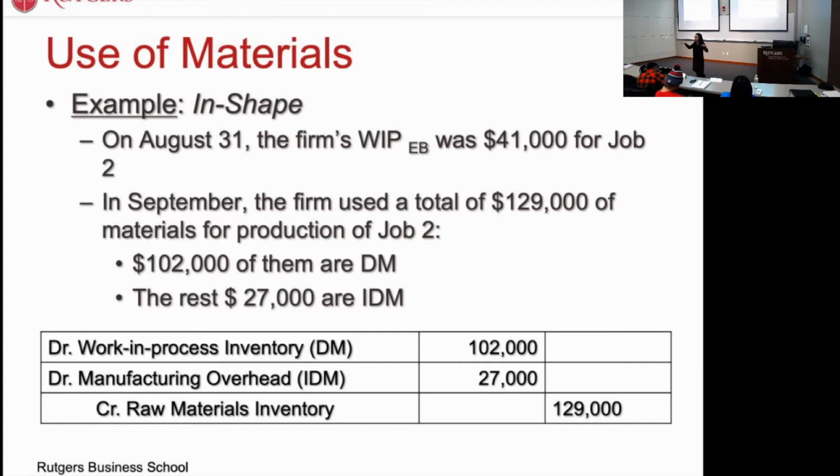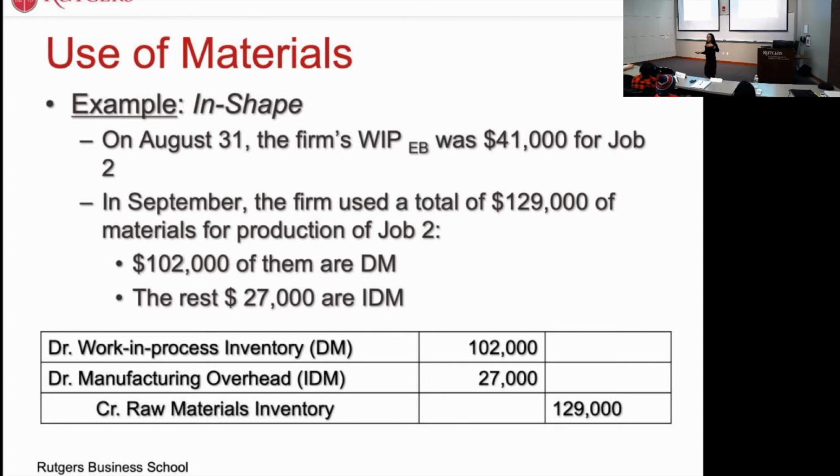When we come to the finished products in a minute, you will see it's not directly related to the direct material. Now, what about the one before work in process? That's the purchase of the material.